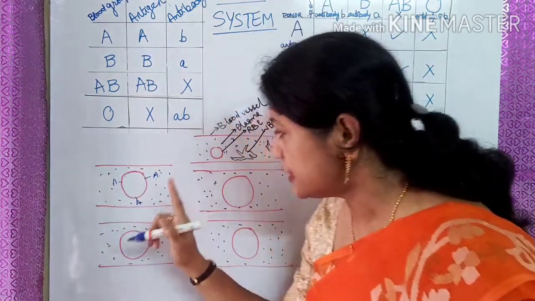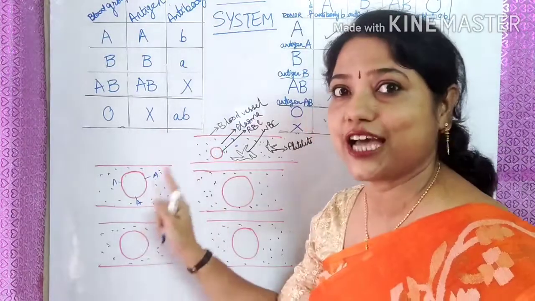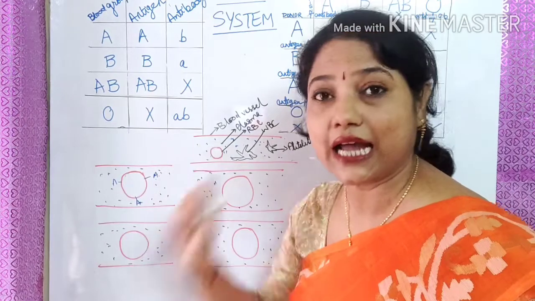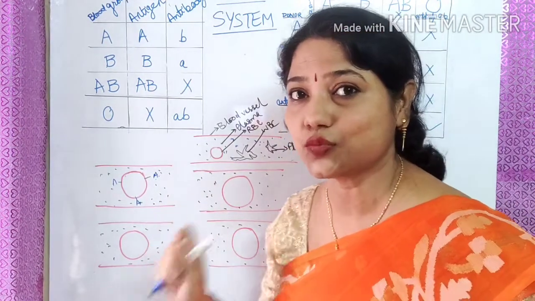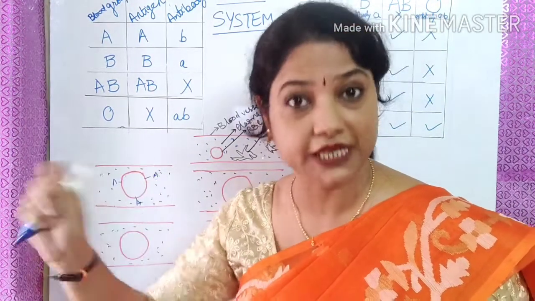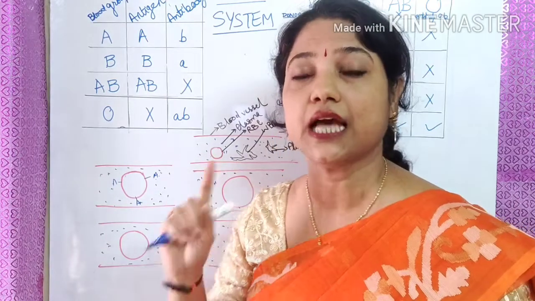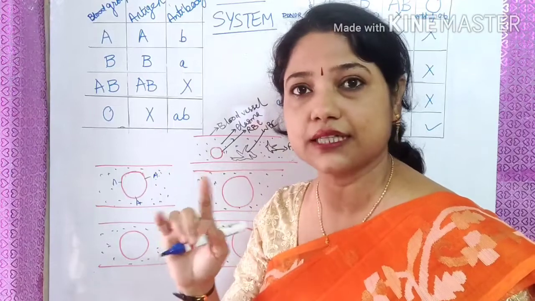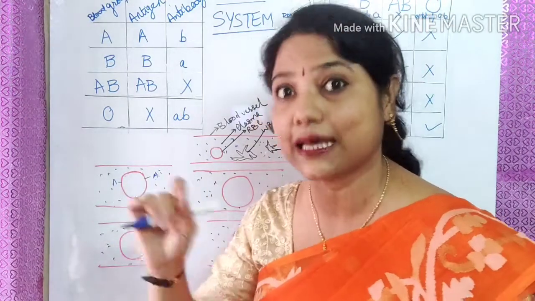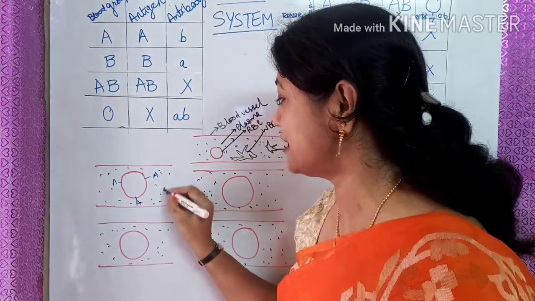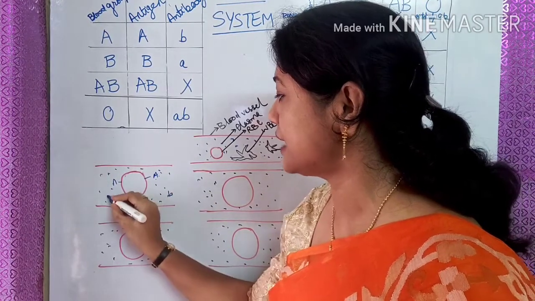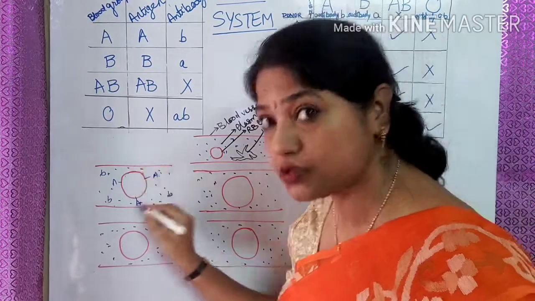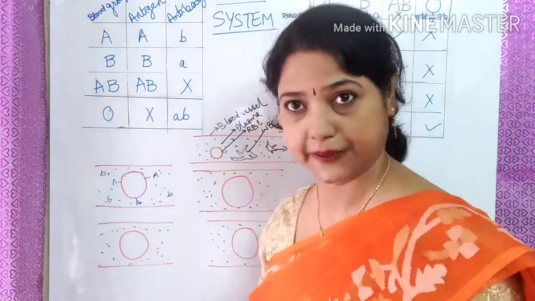Now, in the blood in which the antigen on the walls of RBC is A, the antibody in the plasma will be antibody B. Remember, we write antibody in small letter and antigens in capital letter. So the antibody in the plasma will be B, and the antigen on the walls of RBC will be A.